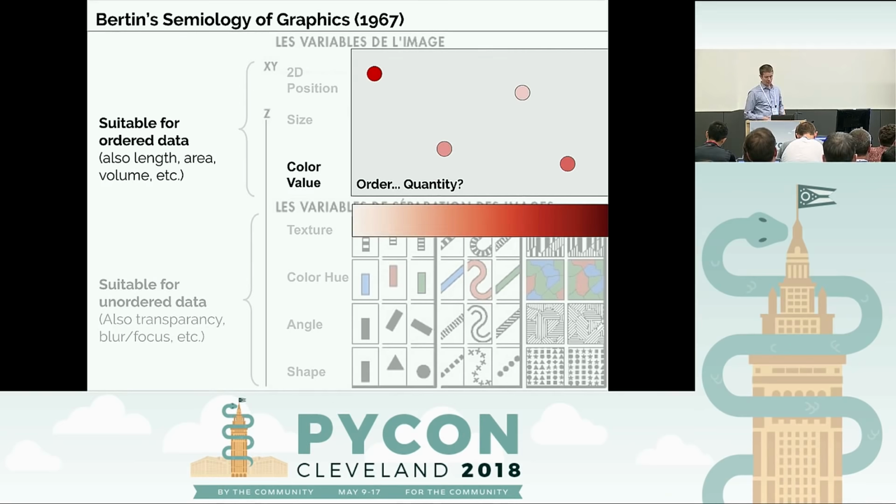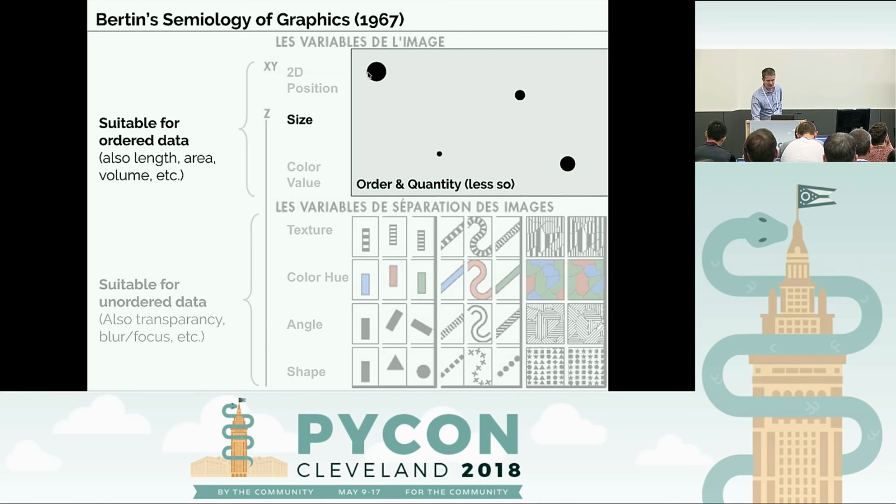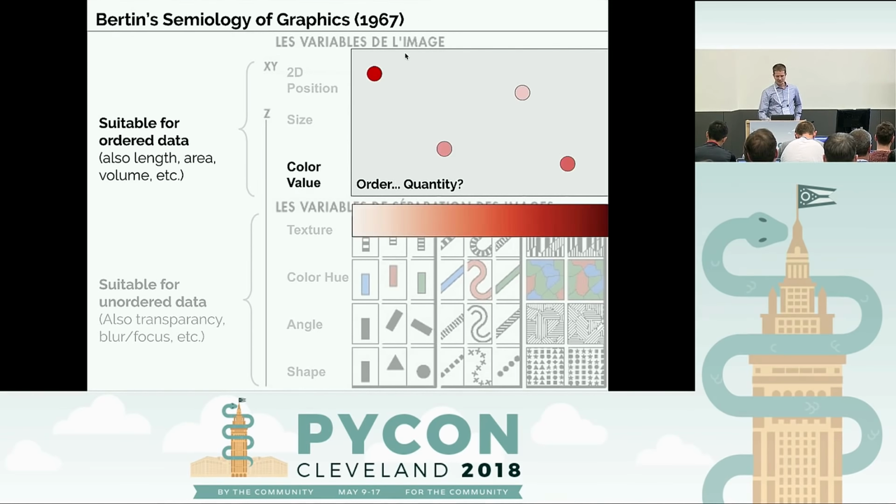It's okay to do real valued with color value, because there's some sort of way that you can say this is lighter than that. But one thing that you might notice is that it's way easier to figure out between these points whether something is bigger or smaller. Whereas with color value, it's a little harder. You have to think a little bit more about how to order these 4 points in order to get them in the right order, right?